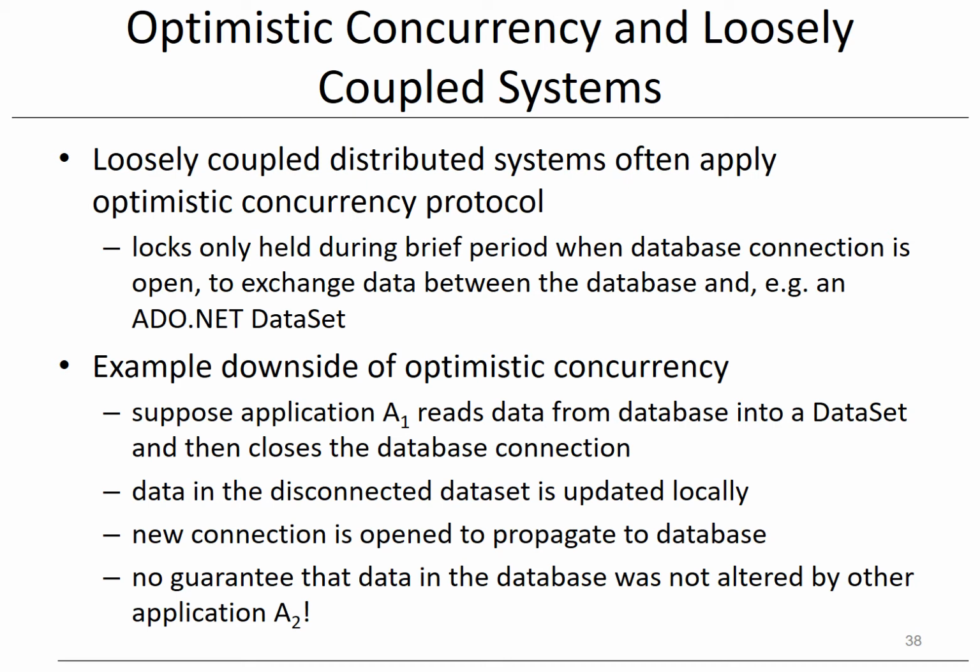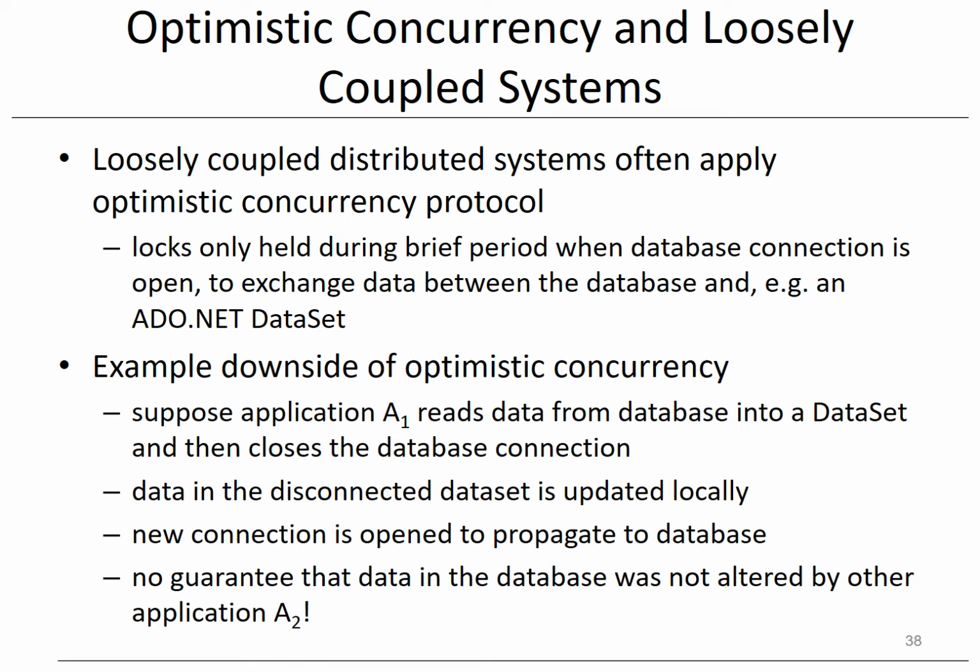Hence, loosely coupled distributed systems often apply an optimistic concurrency protocol. A typical application of loose coupling and optimistic concurrency is the disconnected database paradigm as applied in, amongst others, ADO.NET datasets.